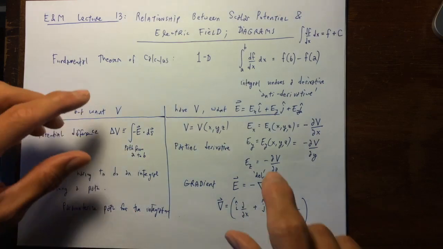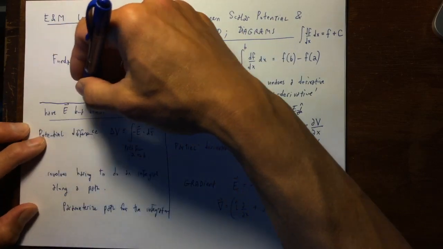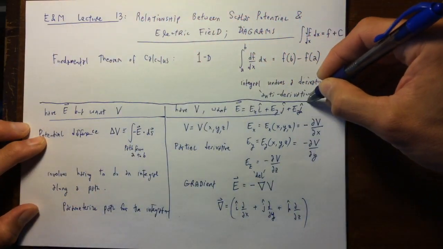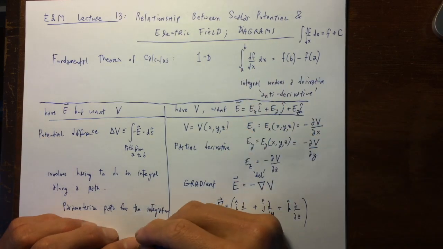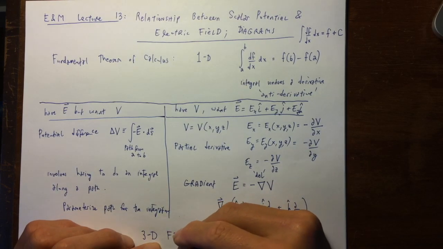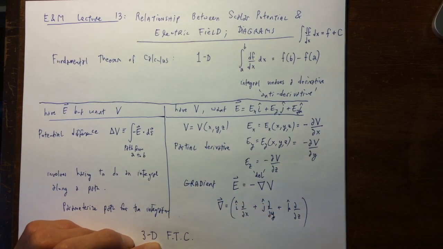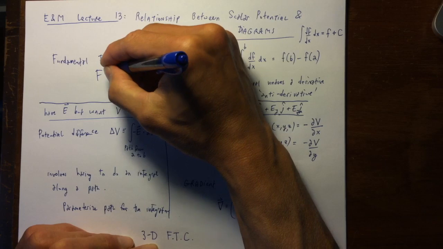It is the relationship between the scalar potential and the electric field, and it has to do with the fundamental theorem of calculus, but in 3 dimensions. We could say this is the fundamental theorem of calculus, FTC.